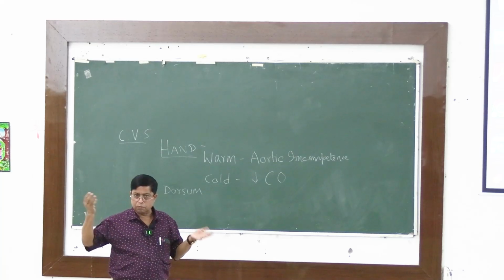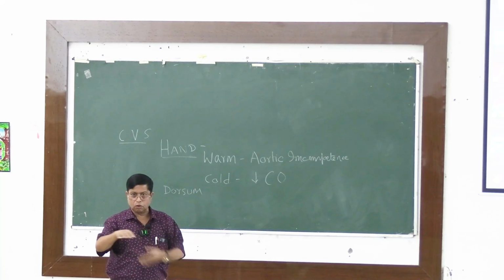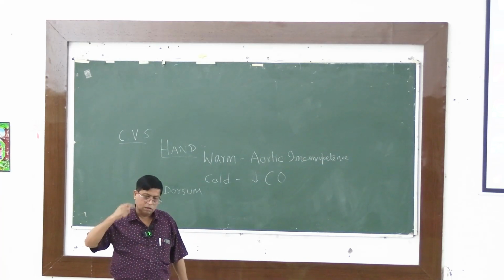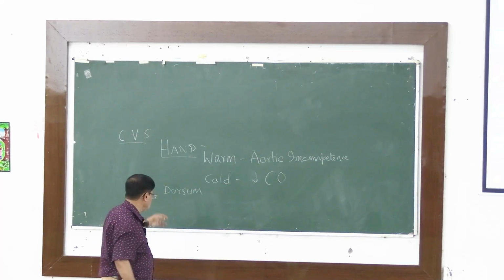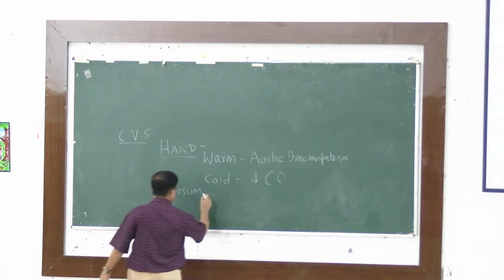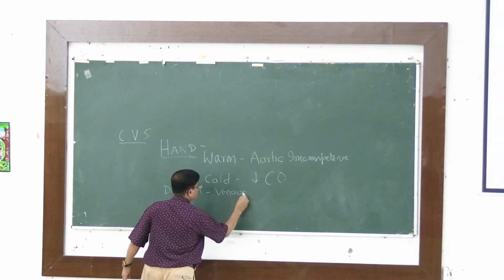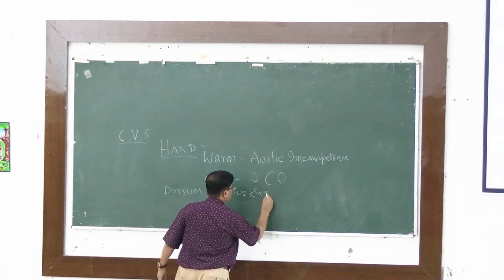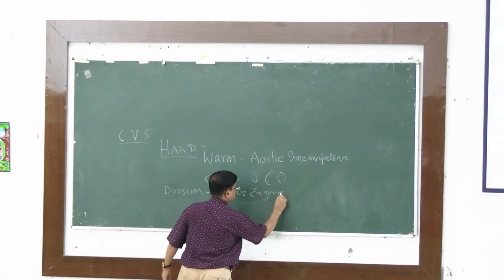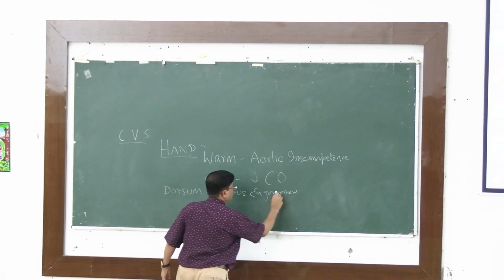But it was not available previously, so they used these small things to assess the venous pressure. So the dorsum of the hand is important for venous engorgement.